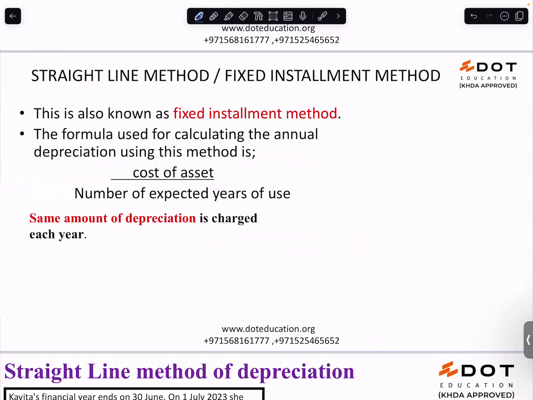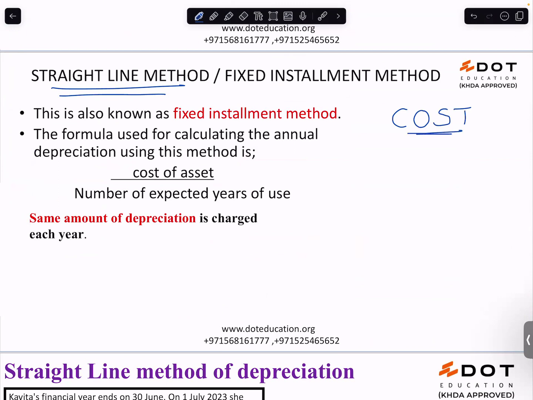It means I will calculate depreciation on the cost. Depreciation is calculated on the cost of the asset.